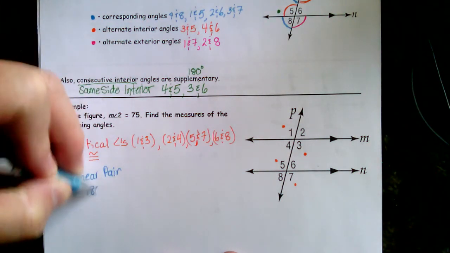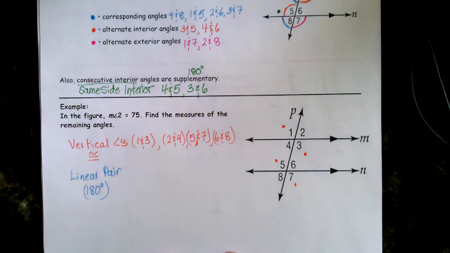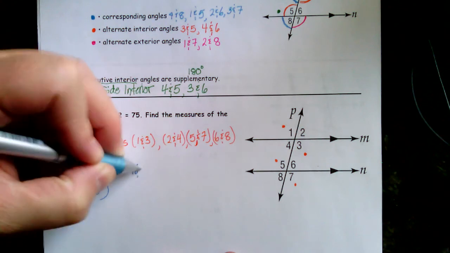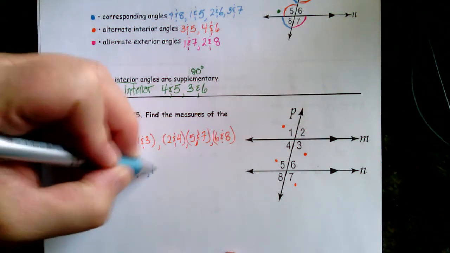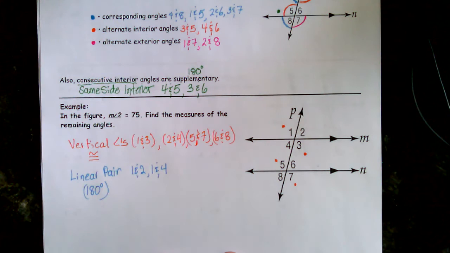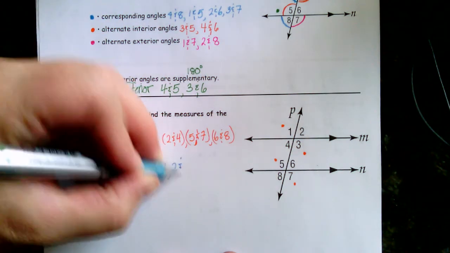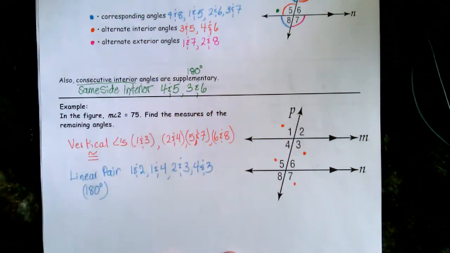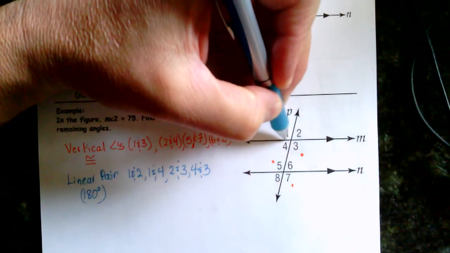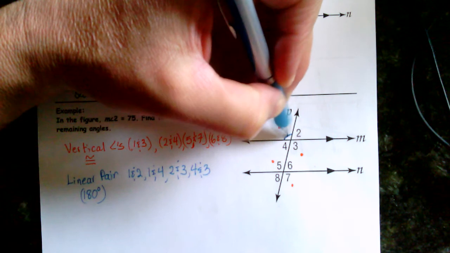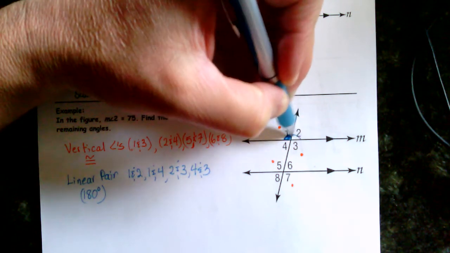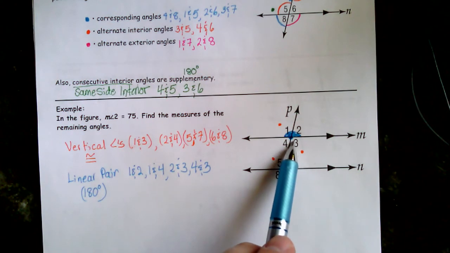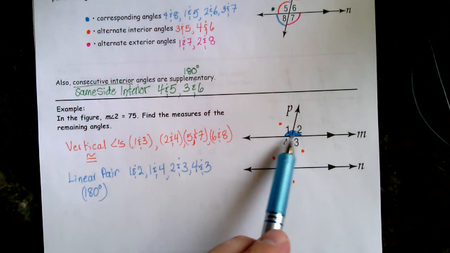A linear pair adds to 180 degrees, and they are angles like 1 and 2, 1 and 4, 2 and 3, 4 and 3, because when you put them together, if I add this angle to this angle, and they share the same vertex, that's really important, it makes a half circle or 180 degrees.